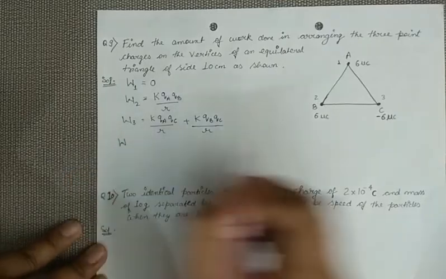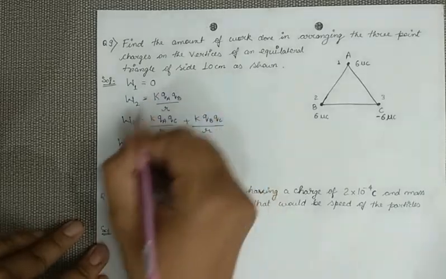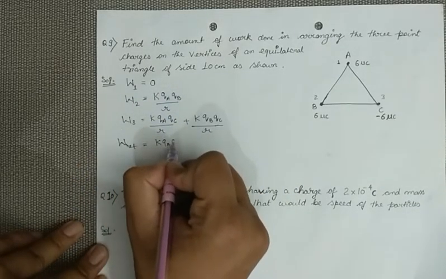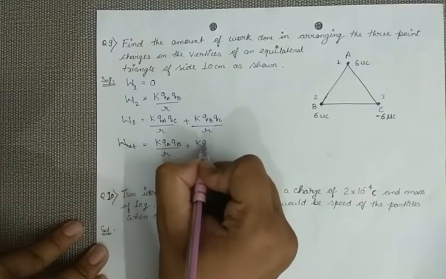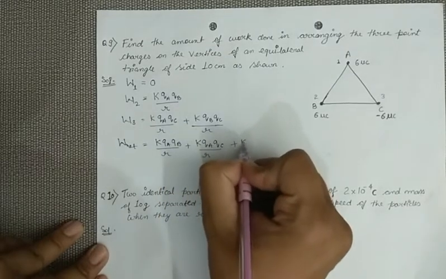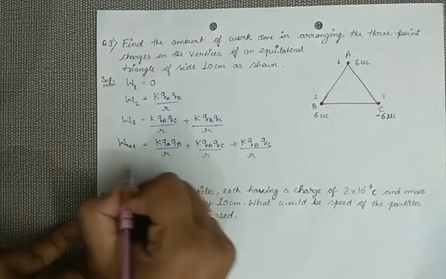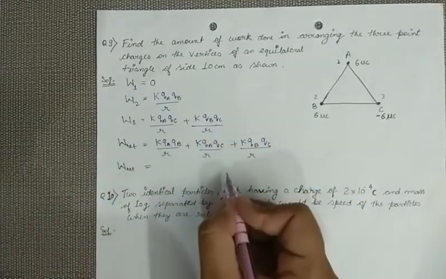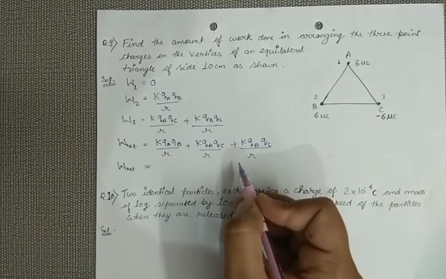In order to find the total work done of the system, that is net work done, we add all these three quantities. On further simplifying, you just have to substitute the value and you will get the total work done.